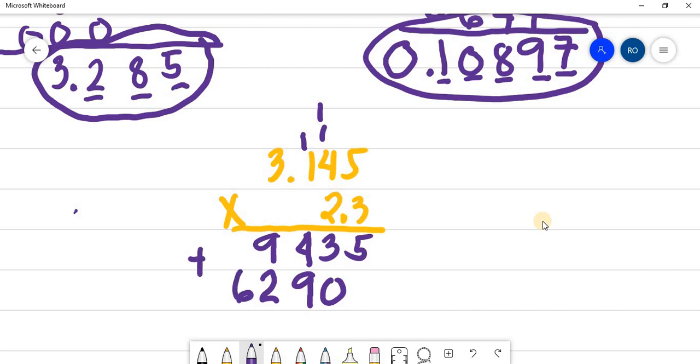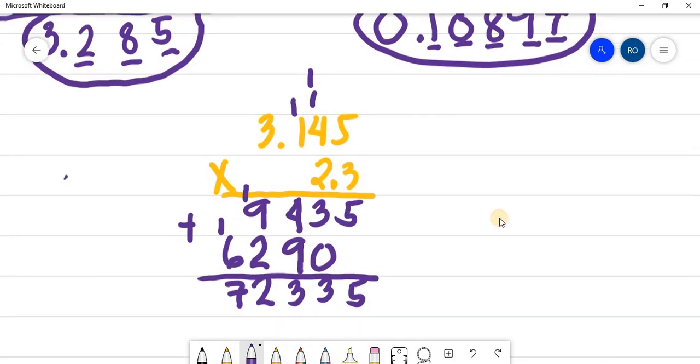Now let's add our initial products. We bring down 5. Bring down 3 plus 0 is 3. 4 plus 9 is 13. Carry 1. So we have 9 plus 2 is 11, plus 1 is 12. Carry 1. And we have 1 plus 6 is 7. Now let's count the total number of decimal places. The first number has 1, 2, 3.